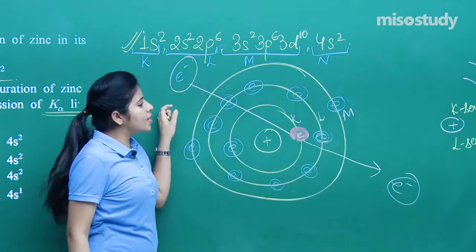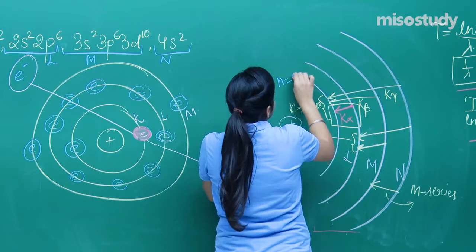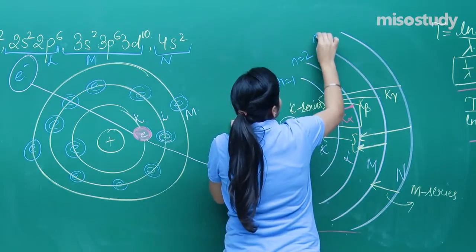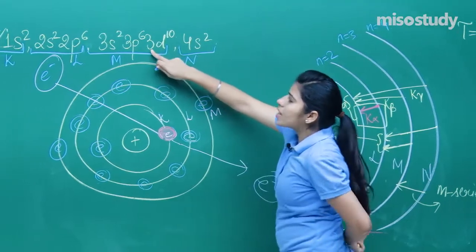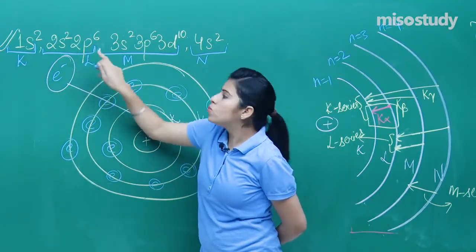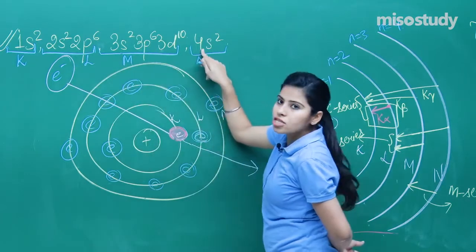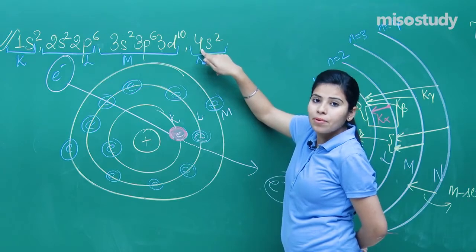Now what you can see here, if I write n equals 1, 2, 3 over here, this is 1, this is 2, this is 3 and this is 4. So the number that has been written over here is nothing but the quantum number, that means your orbit number.